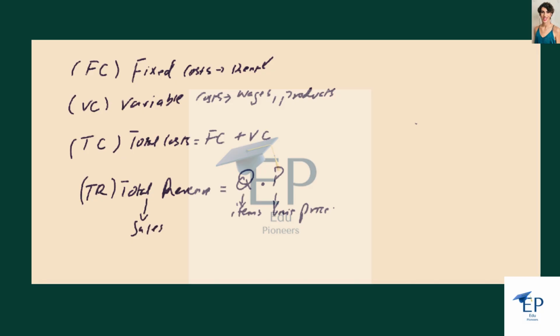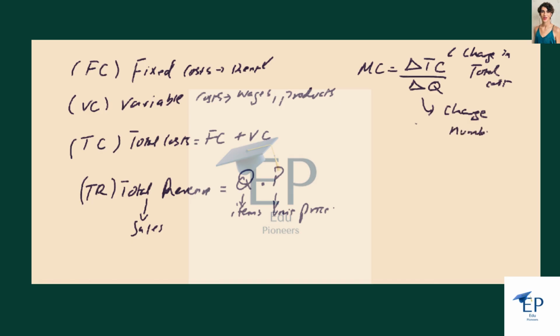We also have marginal cost, which is simply the change in total cost over the change in number of units. So this is change in total cost versus change in number of units produced.